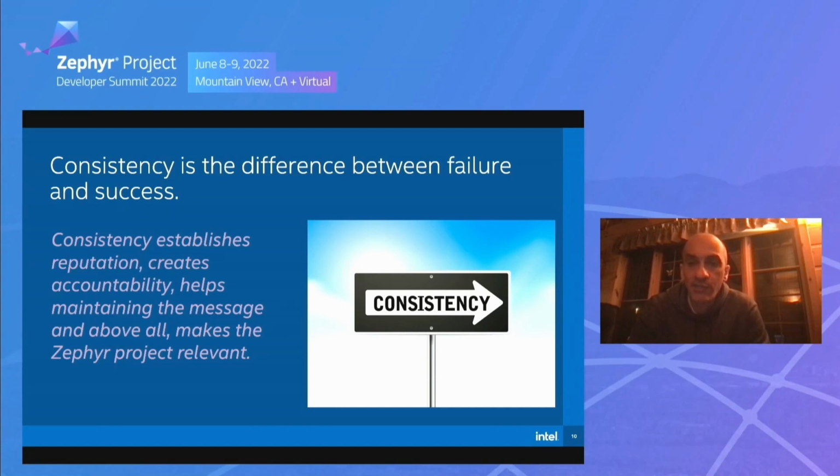Probably we are not perfect in some areas, but at least based on where we are right now, we are on the right path to get there. People appreciate consistency, and it helps the project get more adoption and more users, and that's basically the message here.